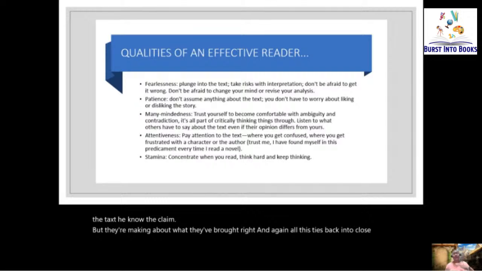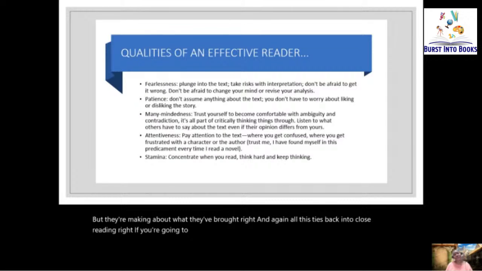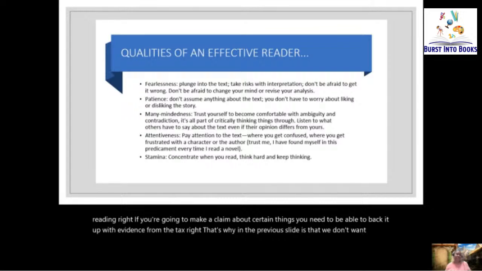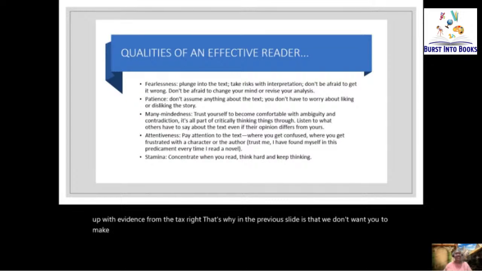If you're going to make a claim about certain things, you need to be able to back it up with evidence from the text, right? That's why in the previous slide I said, we don't want you to make assumptions, right? Make a statement, make a claim, then back it up with evidentiary support from the reading.